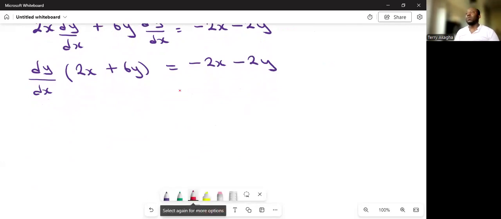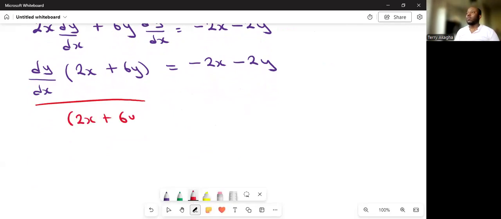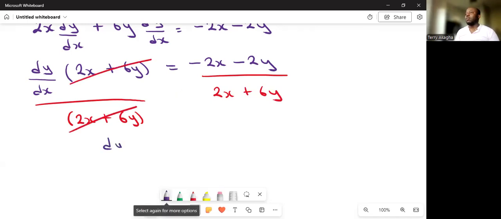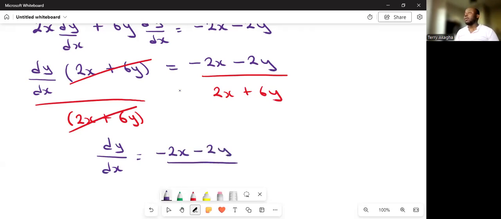So what I'm going to do, I'm going to divide both sides by 2x plus 6y. And I divide this as well by what? 2x plus 6y. So this will cancel that, all right? Then we now have dy over dx will be equal to minus 2x minus 2y, okay, divided by 2x plus 6y. Or you can further simplify this if you want to.